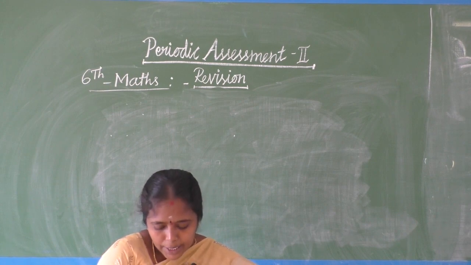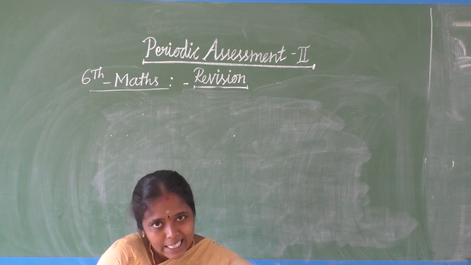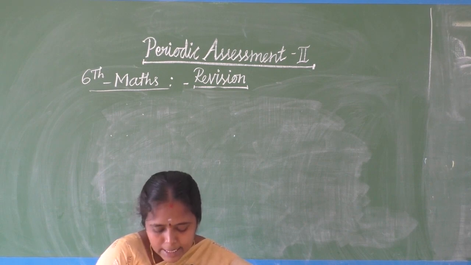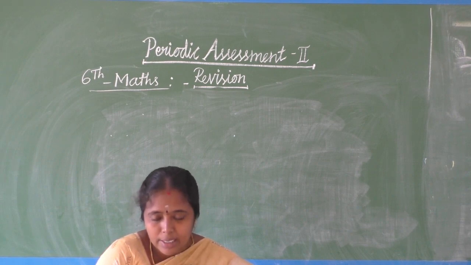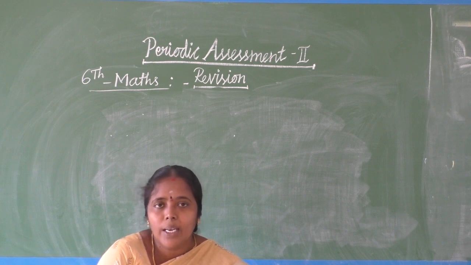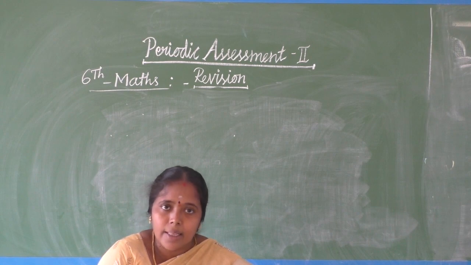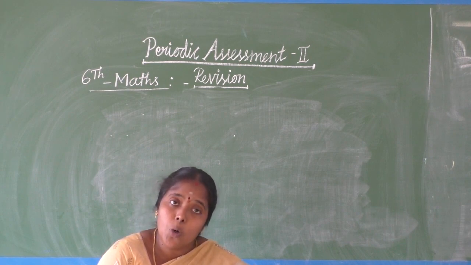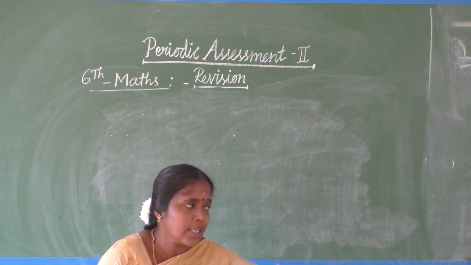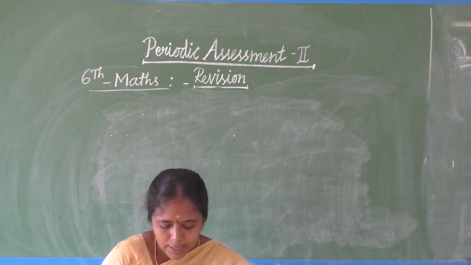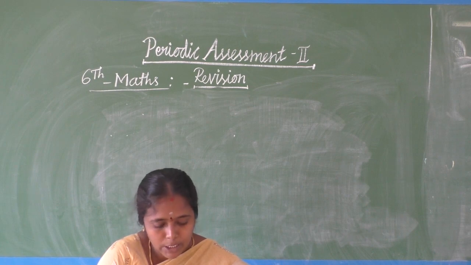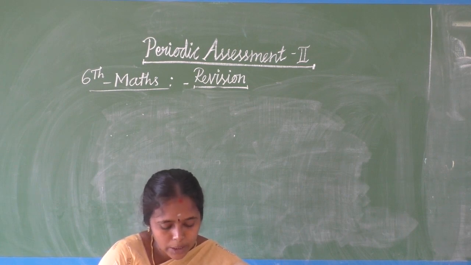What does it say? If a number is divisible by another number, then the first number is also divisible by each and every factor of the second number. Okay, this and all we have seen in some more divisibility rules. Just go through it in the book.